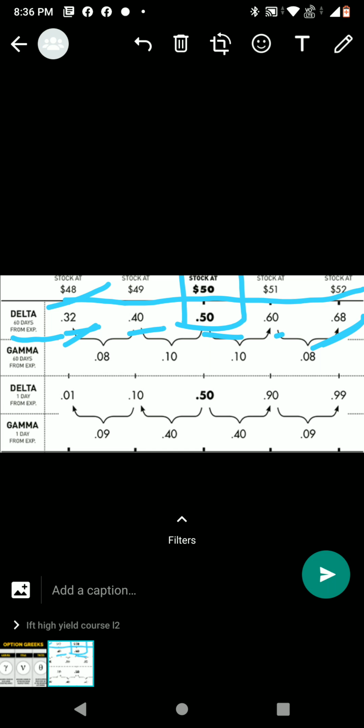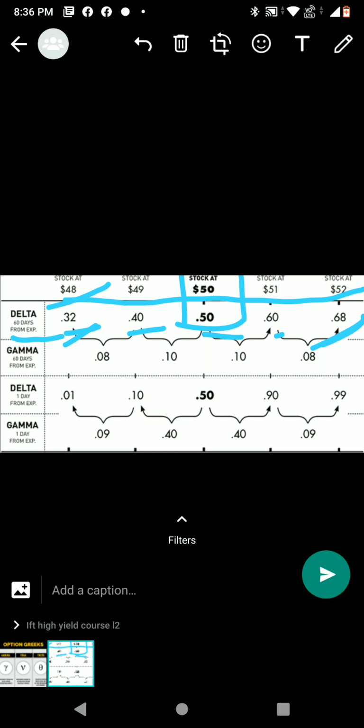Now coming to the gamma factor. What does gamma measure? Gamma measures how much the delta will change. The first order derivative, delta, measures how much the option price will change if the stock price is moving by $1.